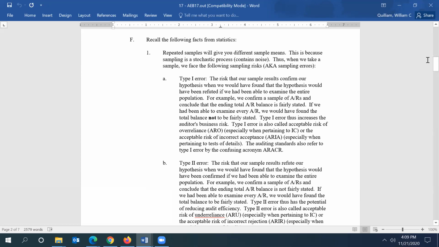But that's simply the amount of error we think is in the sample. If we take repeated samples from the same population, we get different sample means. And that's because there's noise or variability in sampling. It's a stochastic process. You might recall that term from the first auditing course.